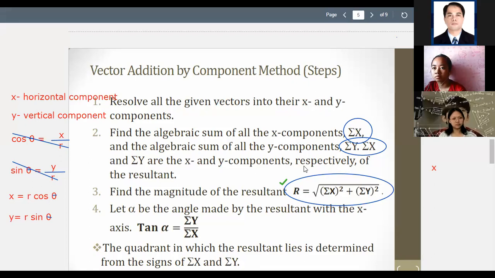The symbol summation of x, or summation of y, is telling us that we are adding all y components and all x components together.